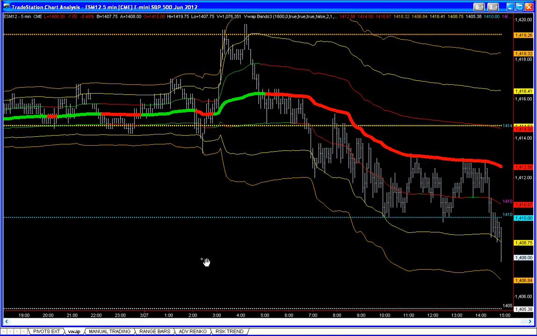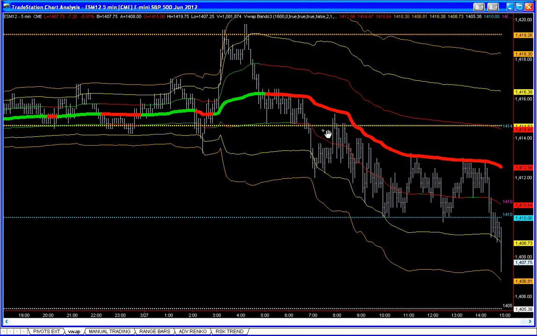When you see a move up that moves about 2 standard deviations, you can anticipate that this could be a good opportunity to short the market. Also, if it only moves up 1 standard deviation into the VWAP or down to the VWAP, and you see that that seems to be consistent, you can take a trade off of that as well.